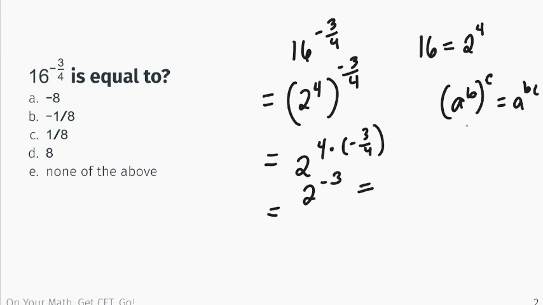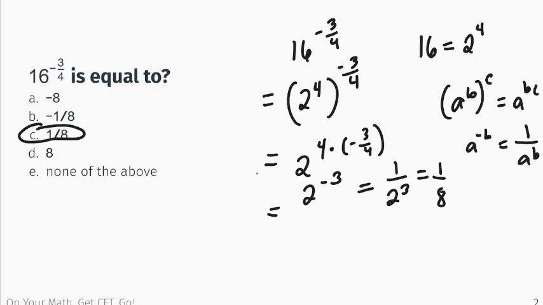Also, by the laws of exponents, a negative exponent is equal to 1 over the reciprocal of that power. So we have here 1 over 2 cubed, which is equal to 1 over 8. So the answer to this problem is letter C, 1 over 8.